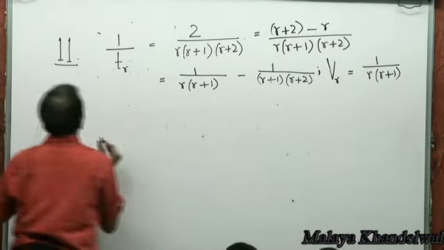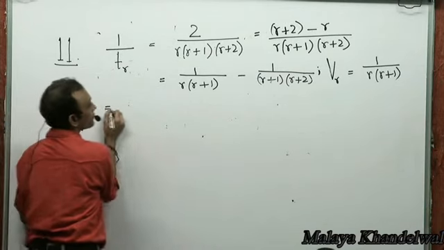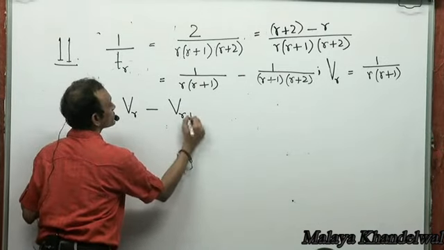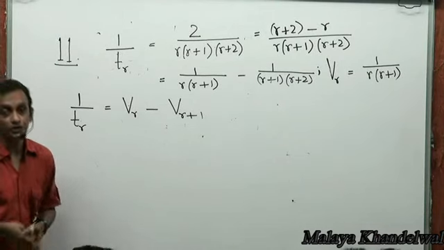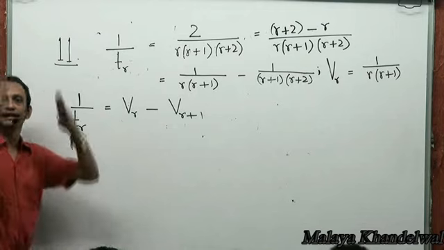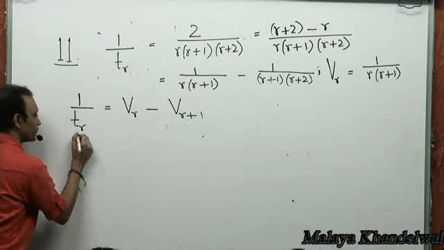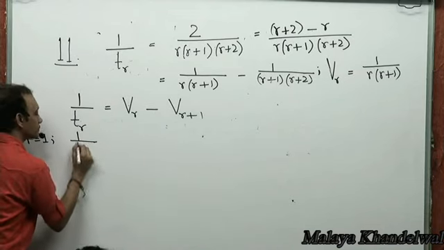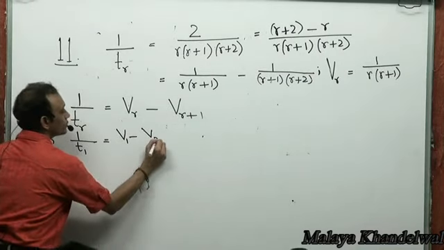Now, so 1 by Tr is Vr minus Vr plus 1. A telescopic sequence would emerge. I plug in r equal to 1, 2, 3 up to n and add them vertically, right? So if I plug in r equal to 1, then I end up getting 1 by T1 equals V1 minus V2, right?